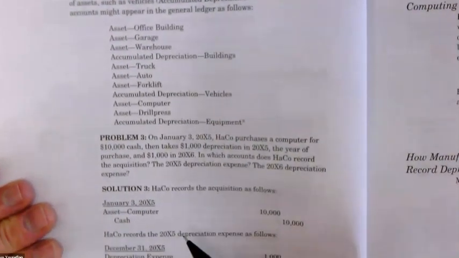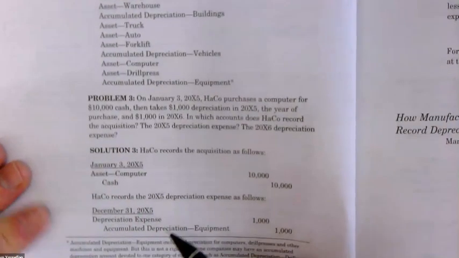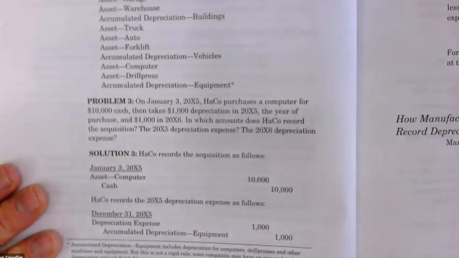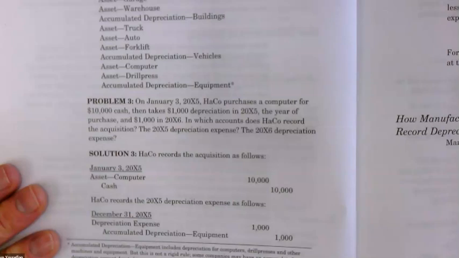Good. Let's look at an example here. It says on January 3rd of 2015, Hako purchases a computer for $10,000 cash, then takes $1,000 depreciation in 2015, the year of purchase, and $1,000 in 2016.